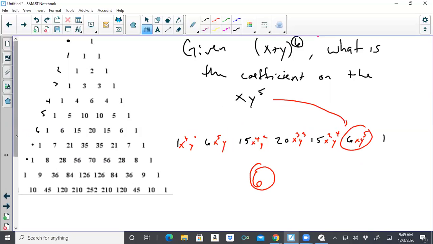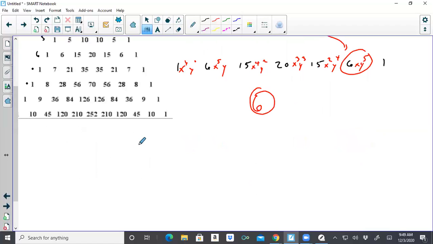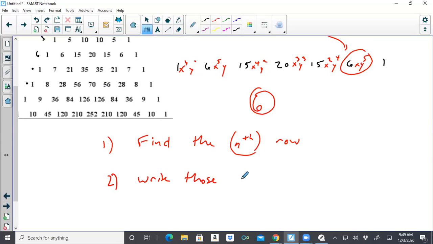The steps to Pascal's triangle, if you want to write them down or want to know what they are: you find the nth row. So you find whatever the nth row is. That's step 1. Step 2 is you write those coefficients down.